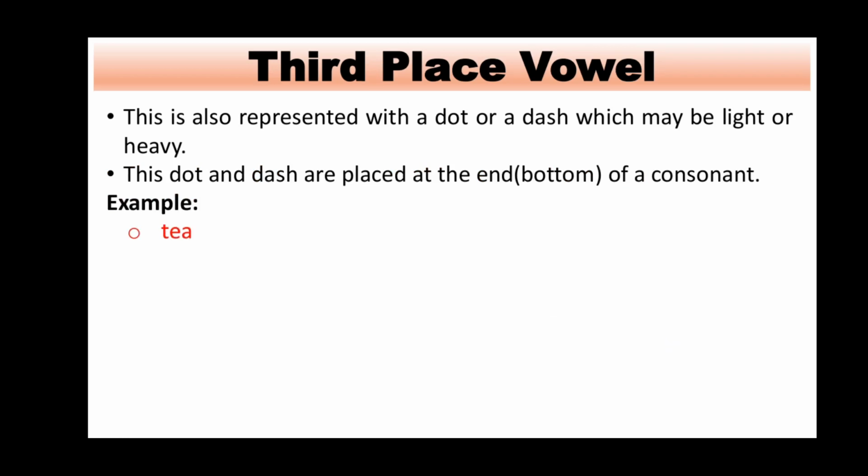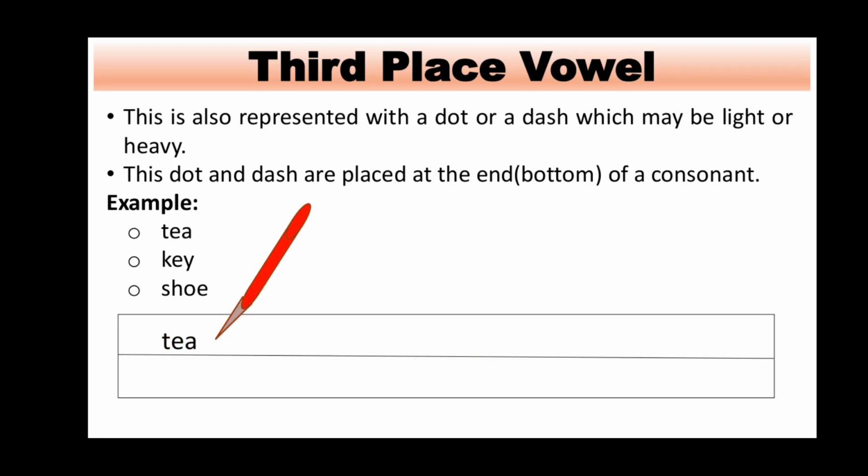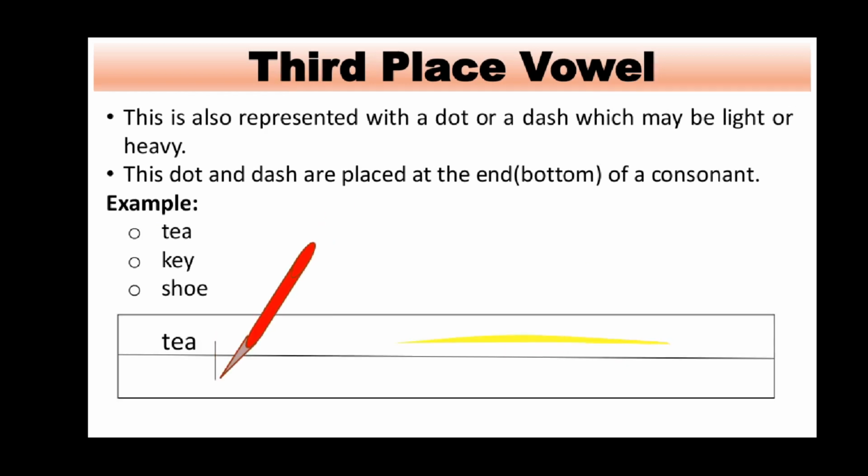Let's take some examples. We have tee, key, and shoe. So tee, the word tee. This time around in the drilling, the consonant will be drawn through the line, that is T and E, which is the vowel. The E is also a dot.